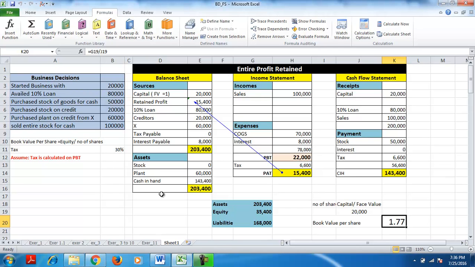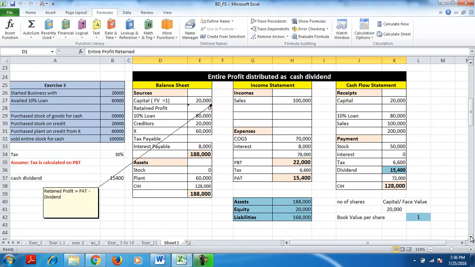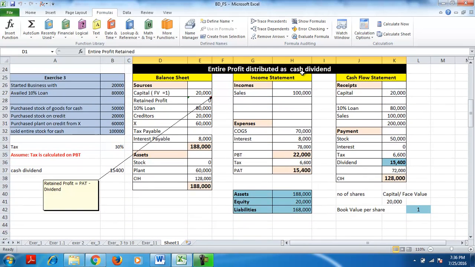Now let us use this number with different assumptions with respect to the profit. Suppose we make an assumption that the entire profit is distributed as cash dividend. With the same transaction, all that we assume is the entire profit is distributed. If profit is distributed, the dividend, which is the distribution of profit, is a cash outflow.